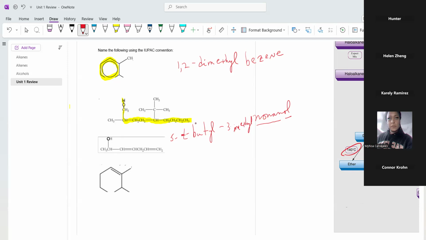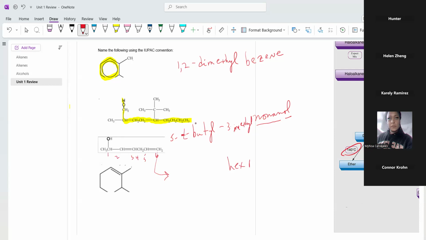Okay, this guy here is a double alkene, 2 double bonds, and we're looking at 1, 2, 3, 4, 5, 6.